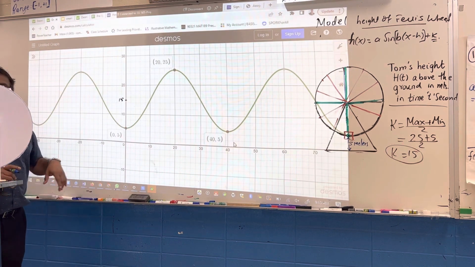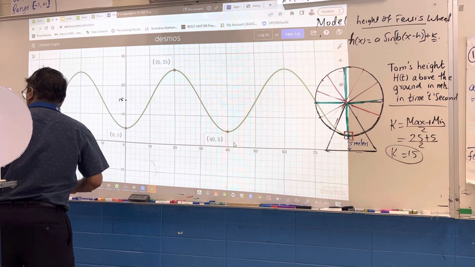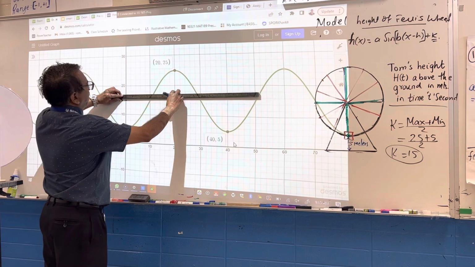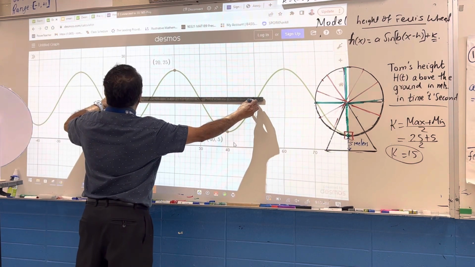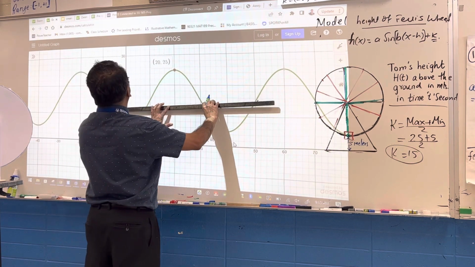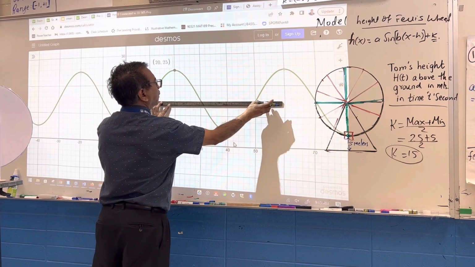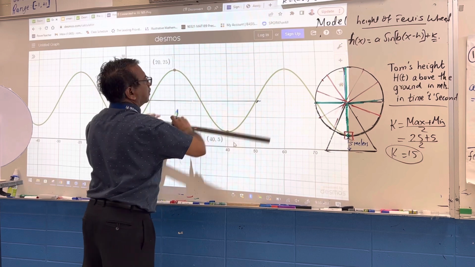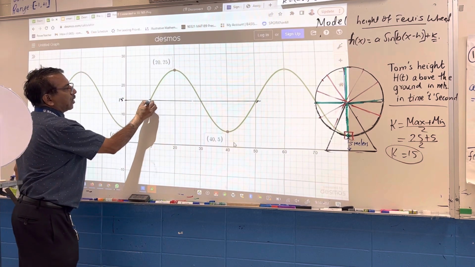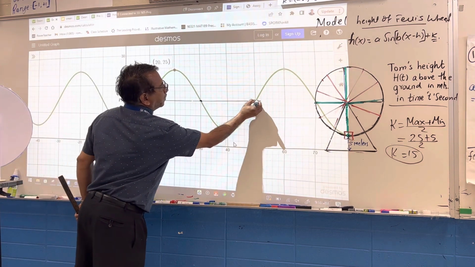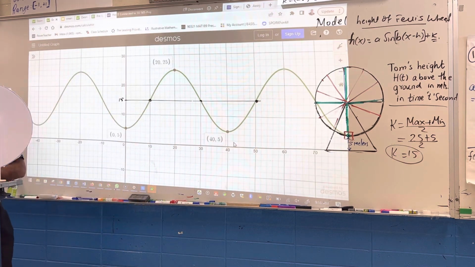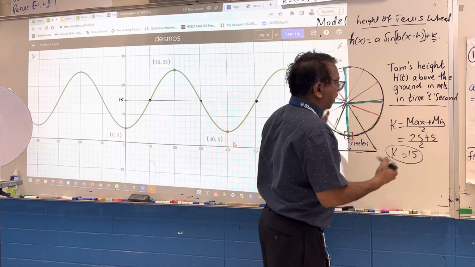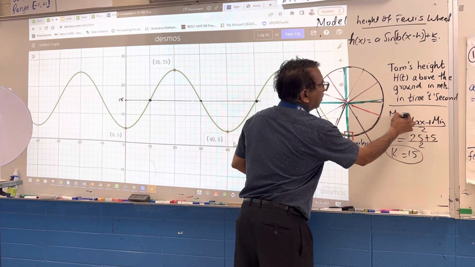And I can also draw a line through this. So this one is the midline. So there are points here too. The first step is we found the midline k. The second step is we also need to know the amplitude.